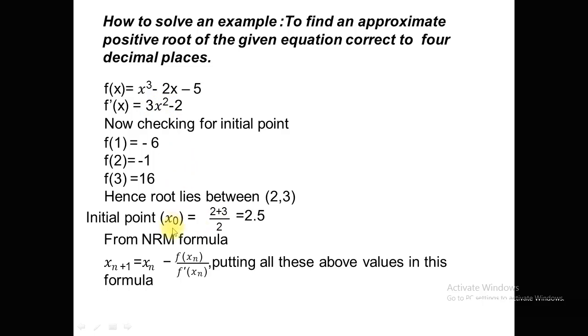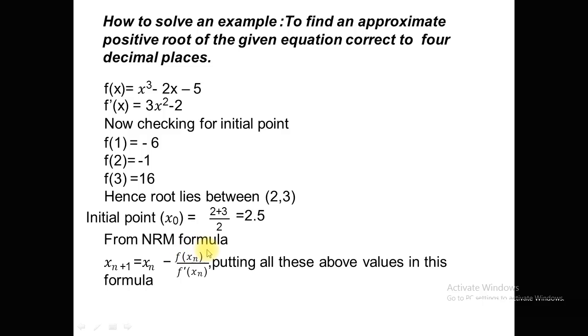Now using the Newton-Raphson formula, xn+1 = xn - f(xn) divided by f'(xn). At n = 0, we get x1 = x0 - f(x0) divided by f'(x0), and the x0 value is 2.5.